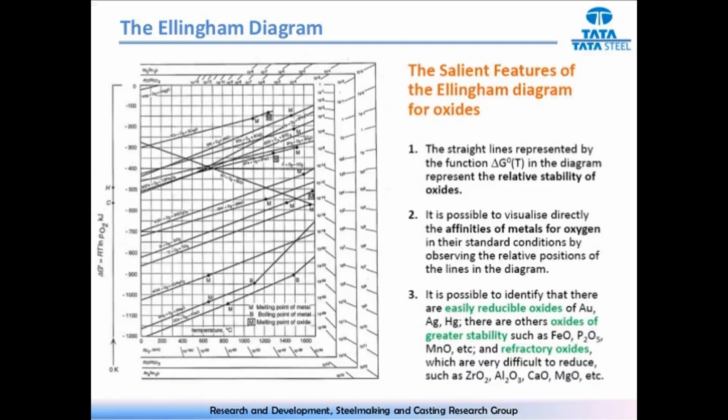As the temperature increases, generally the del G value for the formation of metal oxide becomes less negative and becomes 0 at a particular temperature. Below this temperature del G is negative and the oxide is stable, and above this temperature del G is positive. At 0 it becomes equilibrium.